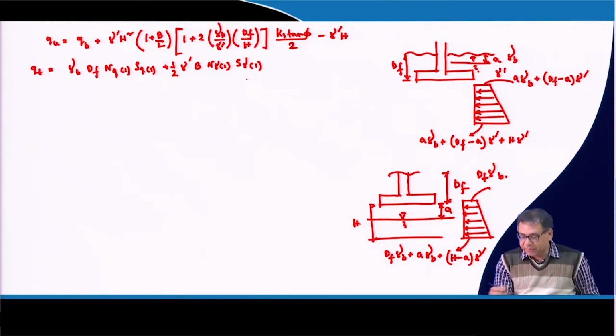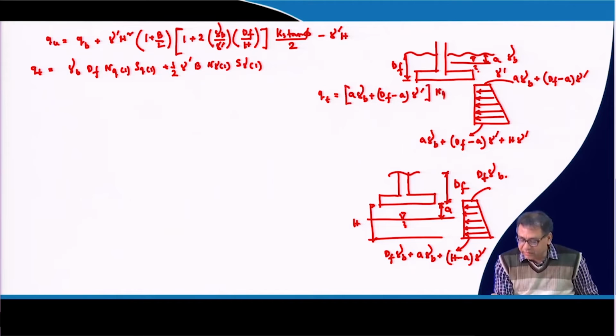So, for example, if the position of the water table is like this, then for the first case, this equation will be gamma t equal to A gamma bulk plus df minus A gamma sub, then Nq1, then Sq1, then plus half gamma dash B N gamma 1 into S gamma 1.